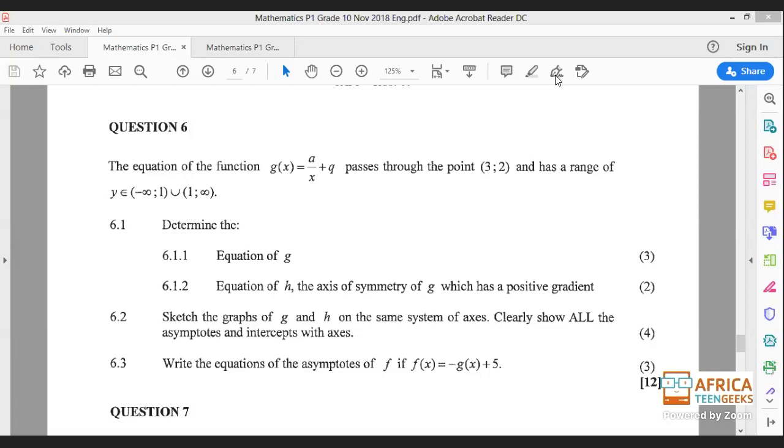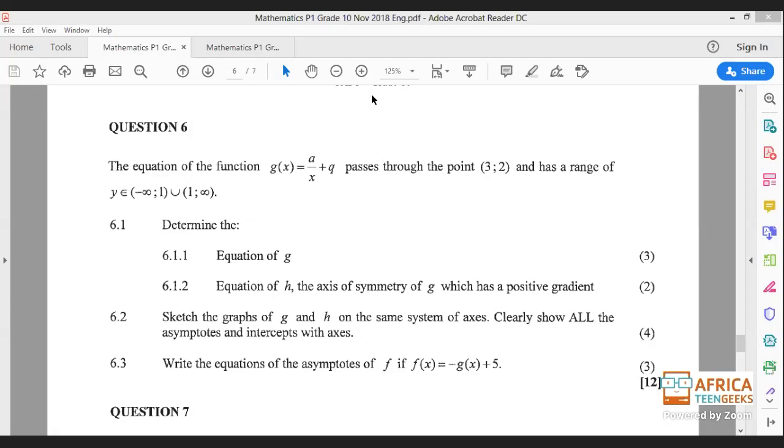So for the function g of x, it passes through the points (3; 2). We don't call it 3,2, Aaron, it's 3 to 2. Yes, 3:2. Very good. And then we use the formula of a hyperbola.